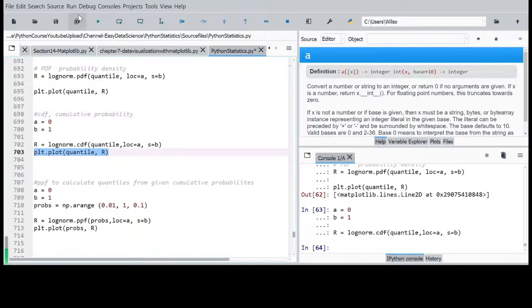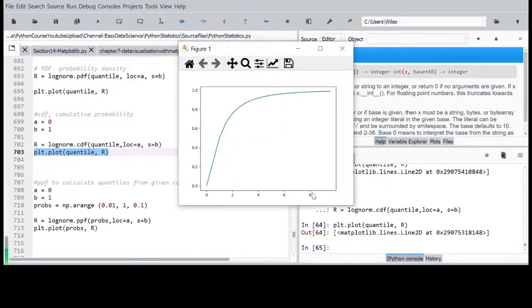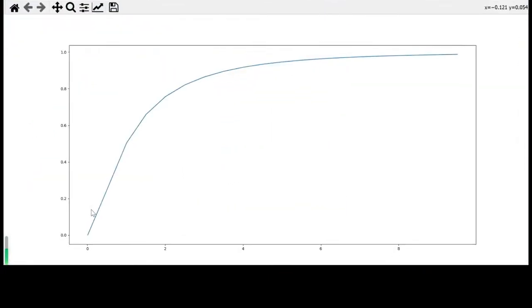Then we plot the relationship. So the cumulative probability does not decrease, and at the beginning it increases very fast because the density is quite high, then slower, then almost close to 1. So the highest probability is 1, right?